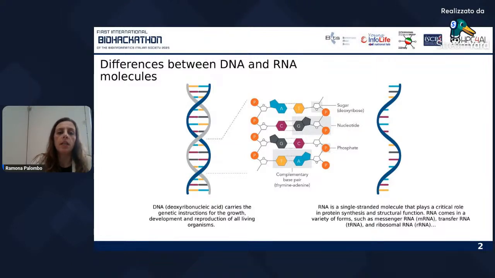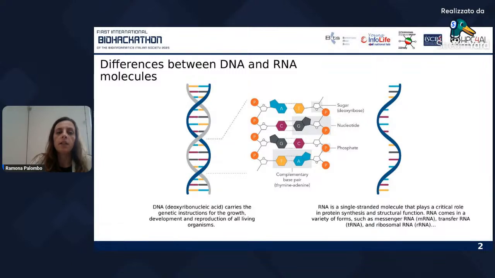In fact, in the DNA molecules, we have the deoxyribose. Instead, in RNA, we have the ribose. And also in the base composition, we can find the adenine, thymine, guanine, and cytosine in the DNA molecule. In the RNA, we can find not a T, not a thymine, but a uracil.